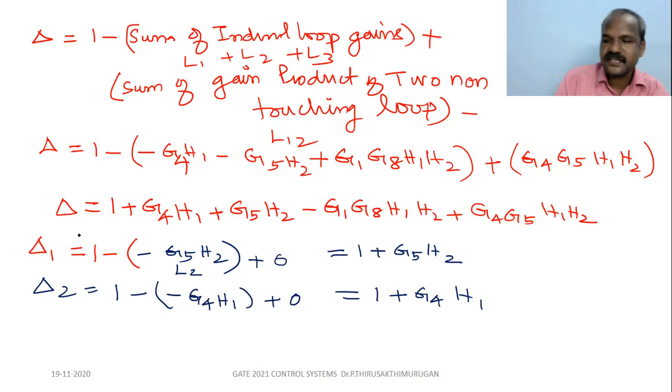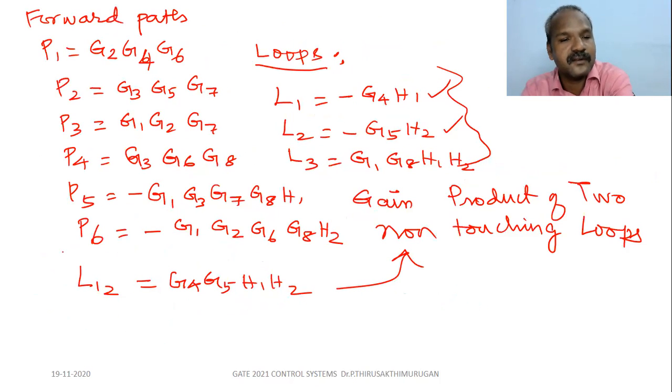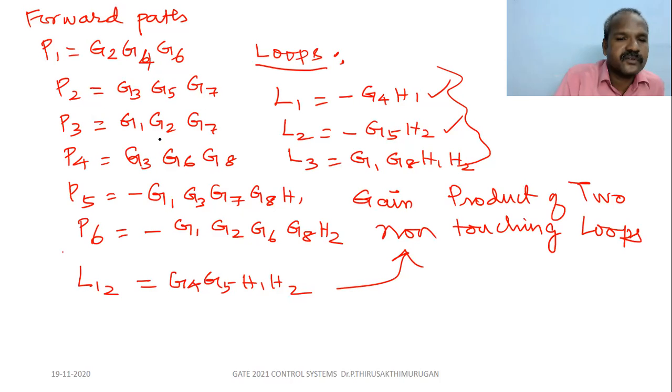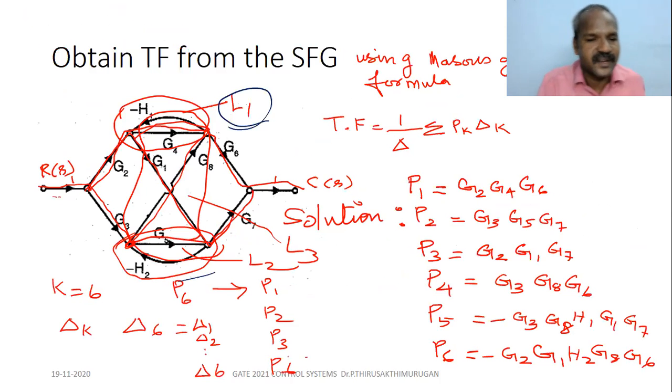Okay, next is delta 3. What is delta 3? Same as that of delta, except the individual loops which are not touching the third forward path. What is the third forward path? G1, G2, G7.